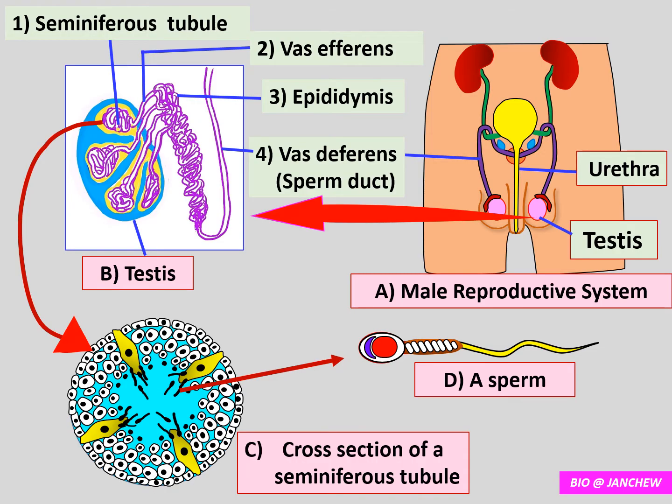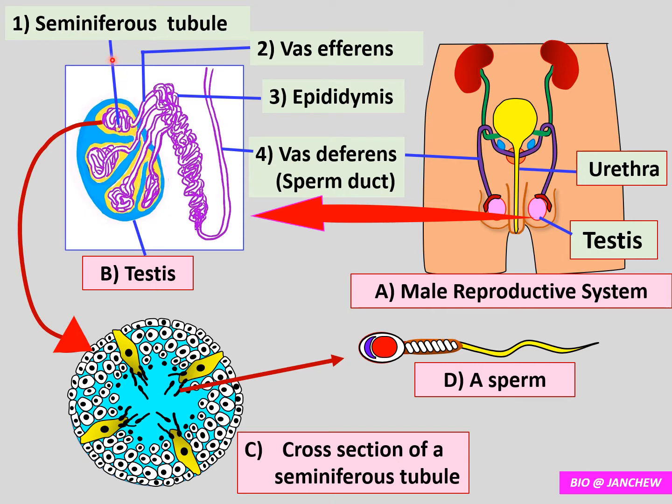Now we have already discussed the male reproductive system. So now let's discuss the structure of a testis, which is the organ where the sperms are produced. This diagram shows a longitudinal section of a testis, and we can see that the testis is made up of many small tubules called the seminiferous tubules, which are coiled up.